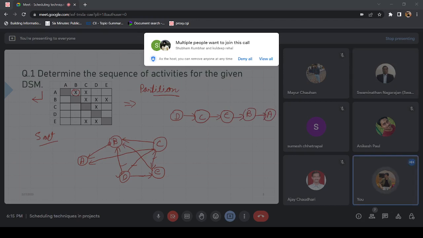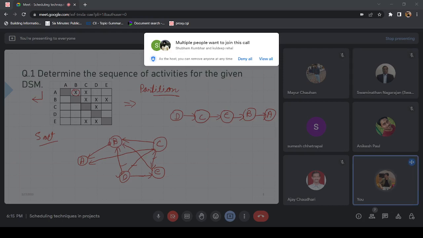Now let's try to plot all the arrows. Sir, why not we place B before E? We can place B before E. I mean, from where I look, it looks like E is giving information to B. See, you have to wait for E to happen, right?